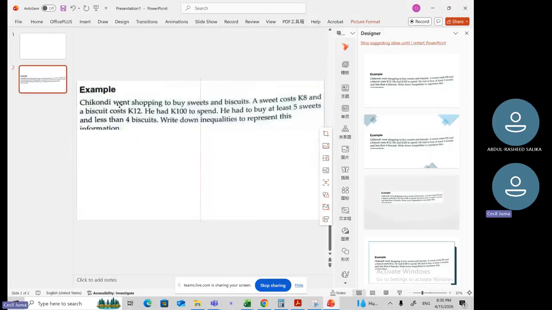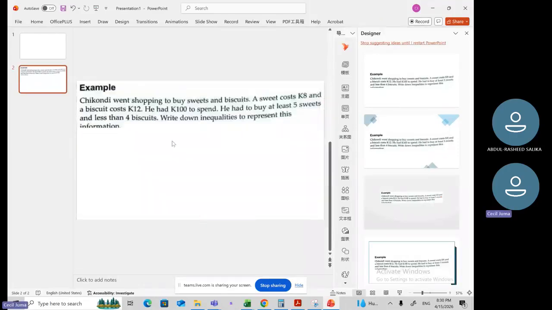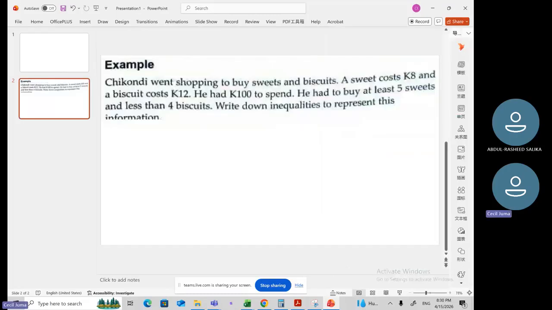So now we have this example. Okay, I think I can write. I hope we are able to see my writing. She went shopping to buy sweets and biscuits.